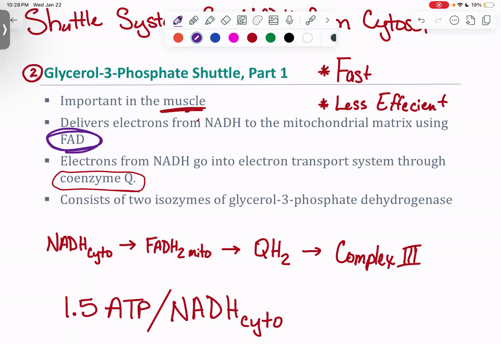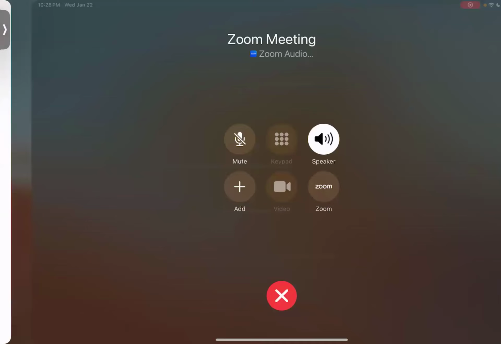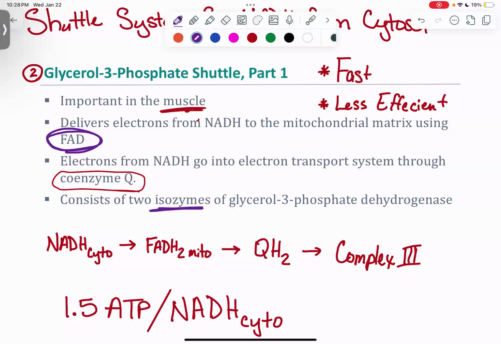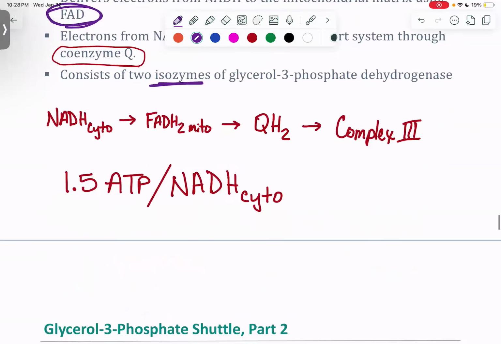So there's no way that they can make the same amount of ATP as going through the whole electron transport chain. And this happens really quickly because it relies on only 2 enzymes, and they're isoenzymes. They're isoenzymes, which means they have the same function, but they're located in different cellular compartments.